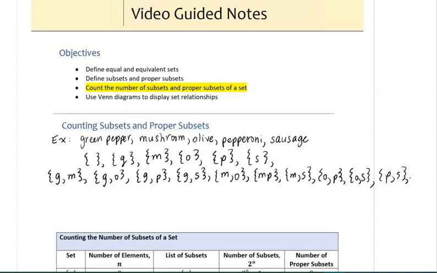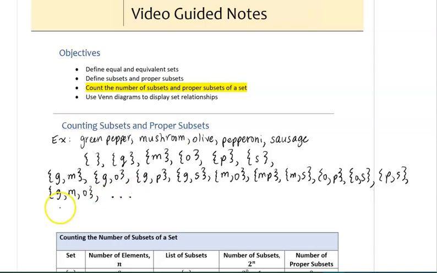So those are all the different collections of 2 topping pizzas that are possible. And then we can move on and we can talk about different 3 topping pizzas. For example, green peppers, mushrooms, and olives would be an example of a 3 topping pizza. And we can keep listing these 3 topping pizzas, but for the sake of time, I'm not going to continue with those.